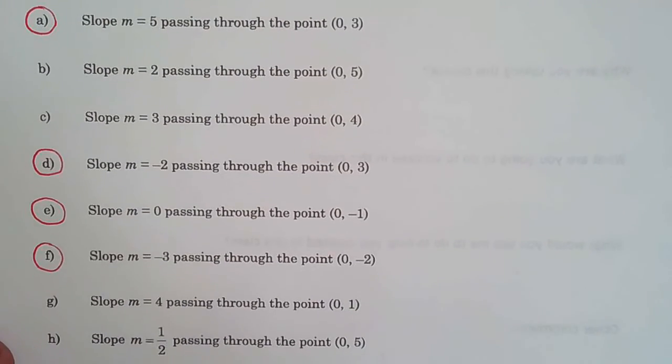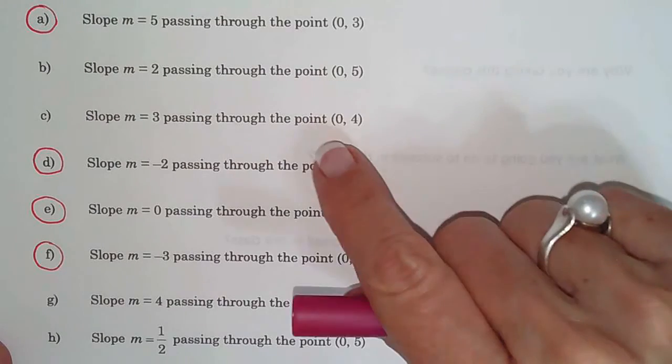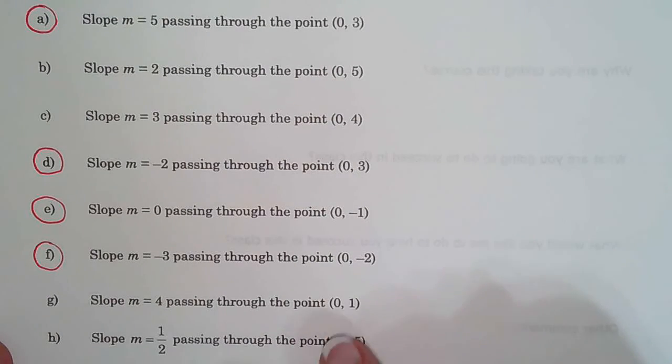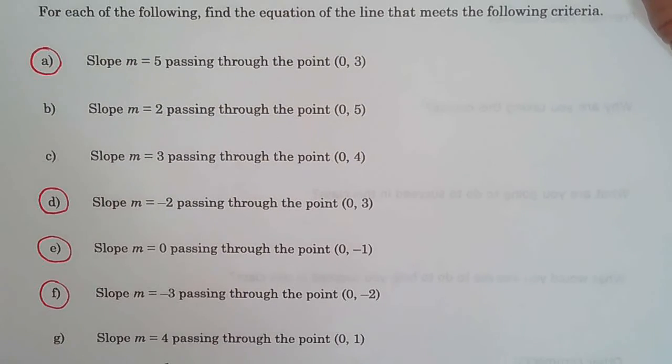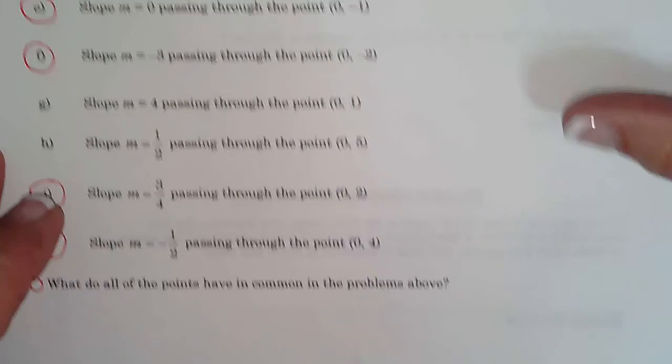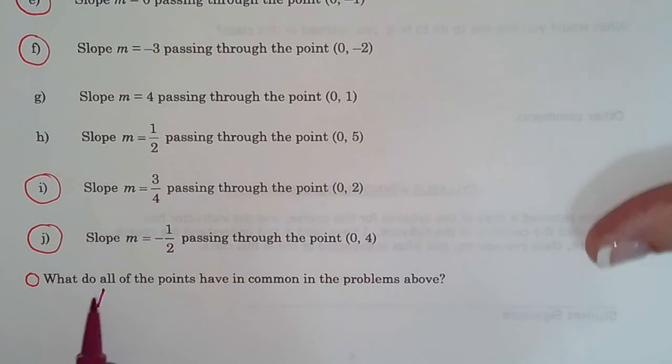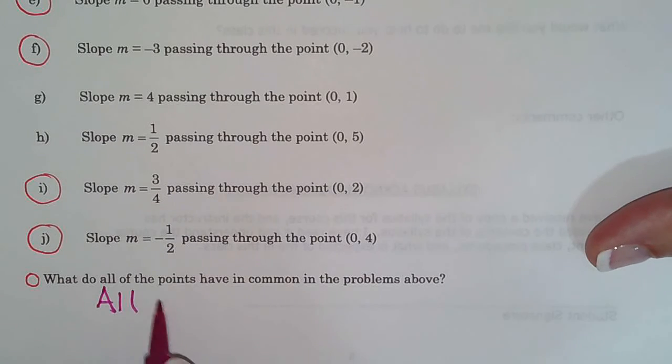So let's look down this list. Are these all y-intercepts? Yes, yes, yes, yes, yes, yes, yes, yes, yes, yes. So every single point on this page has x of 0. That means all the points given are y-intercepts.